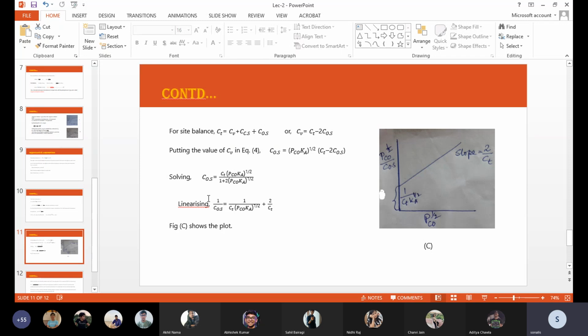Here similarly, if we plot PCO root over PCO by COS, taking this PCO out from the right hand side, and PCO to the power half in the x-axis, we get a straight line having slope 2 by CT, and 1 by CT K to the power half as the intercept. From this curve also we get the CT, that means total site concentration, and the value of the adsorption equilibrium constant.